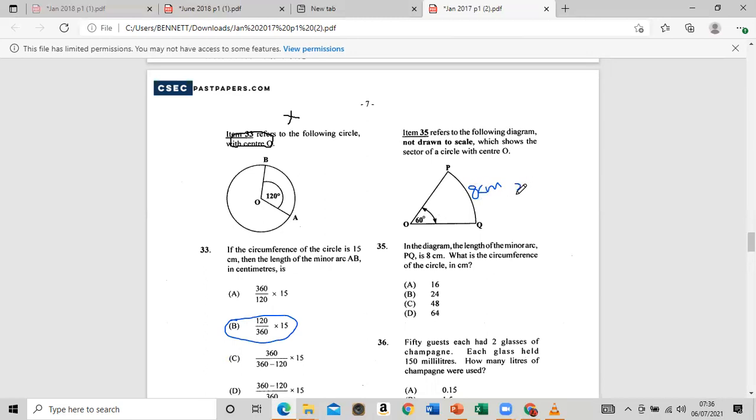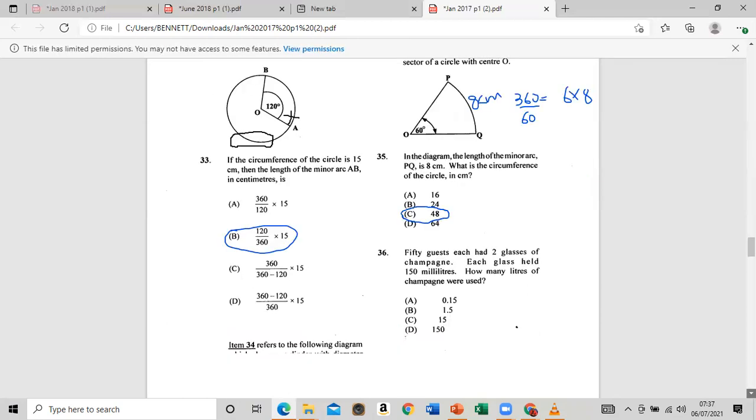So we know that it's 360 degrees in the entire circle. So we need to know how many 60s. 6, 6 times 60 is 360. So 6 times 8 now, that'll be 48. So no long formula, just the reasoning.